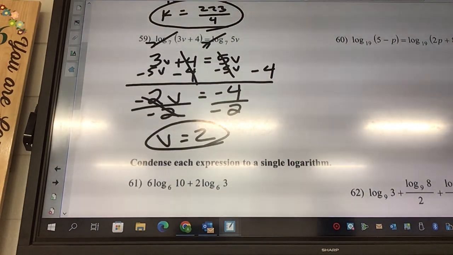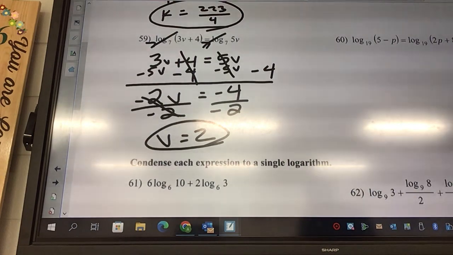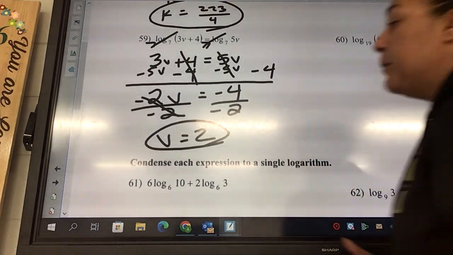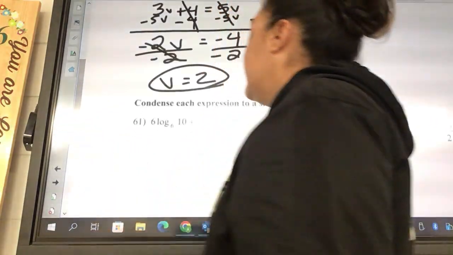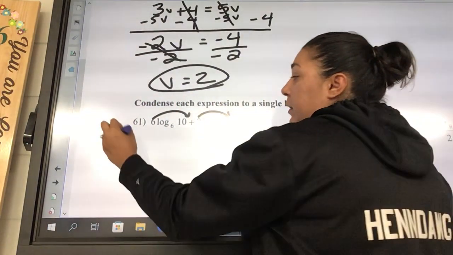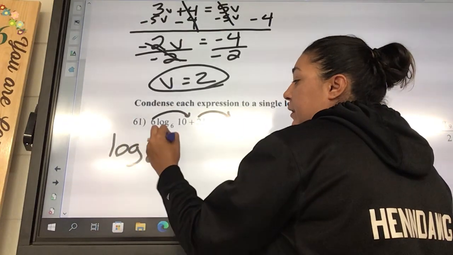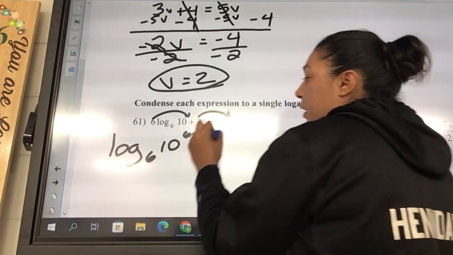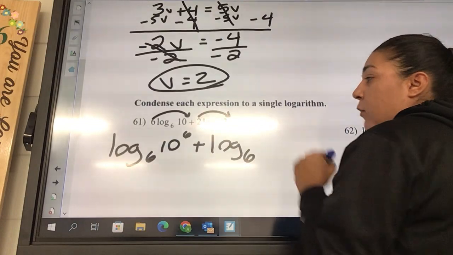Okay, for condensing. Your very first thing is to look, is there numbers in the front? Yeah, so that means they're going to get moved to the back. So this is going to look like log 6 of 10 to the 6th plus log 6 of what?